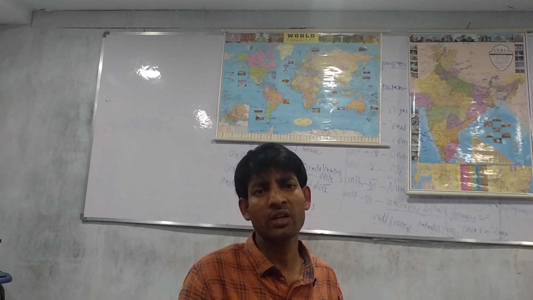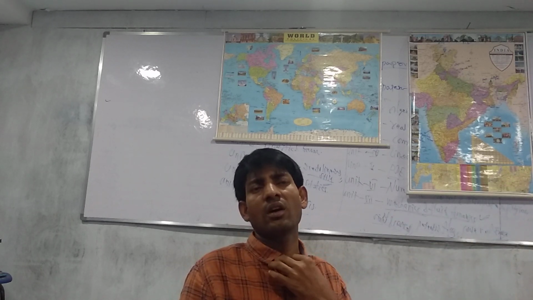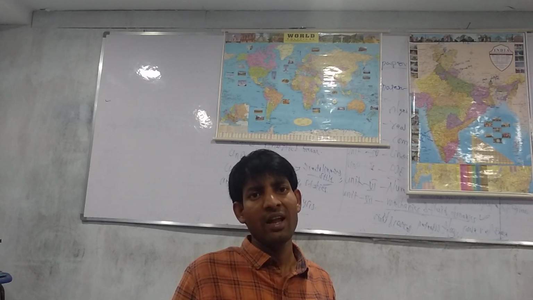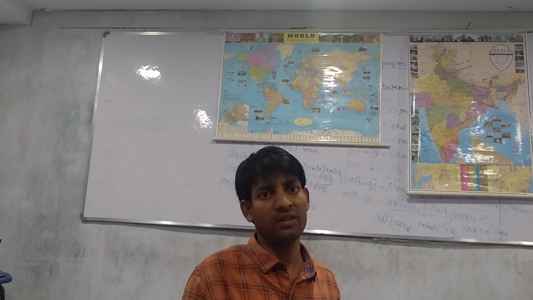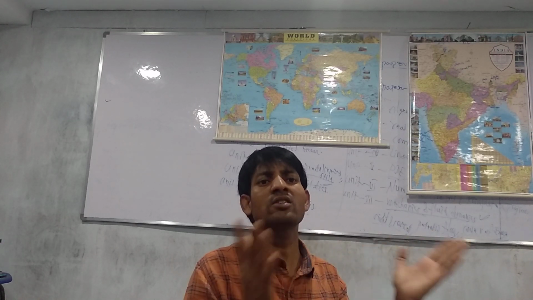Now, next, when I come to world geography, we need to focus on every continent also. The biggest continent is Asia, as we just discussed. In extent, Asia is the biggest continent. But when it comes to the number of countries in a continent, the highest number of countries is in Africa only.